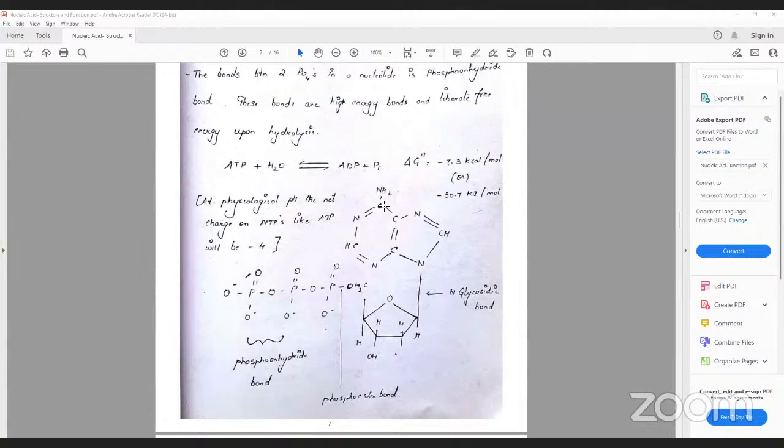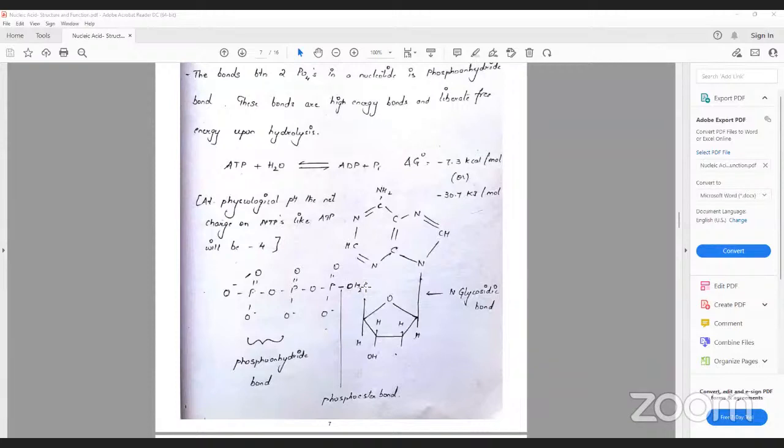If you remember the numbering, this was the ninth nitrogen of the purine ring, which is linked with the first carbon of the sugar moiety, and the fifth carbon here was free. But during the formation of the NTP, there are three phosphoric moieties linked with the fifth carbon. The cursor is showing the fifth carbon of the ribose sugar.